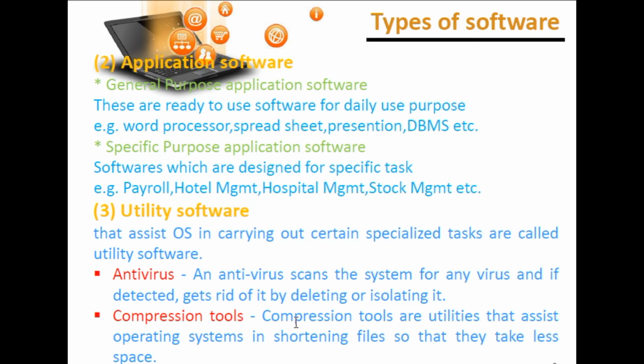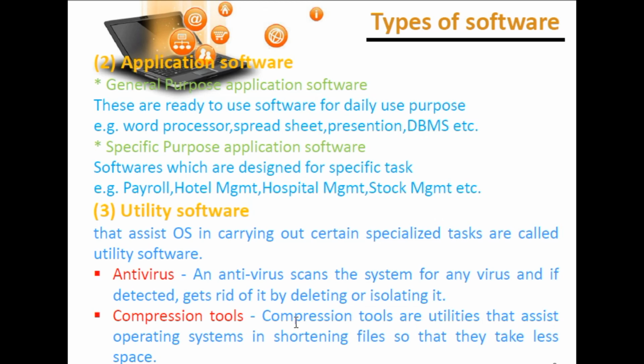Examples are word processor, that is Microsoft Word, spreadsheet, Microsoft Excel, presentation, Microsoft PowerPoint, and DBMS, maybe MySQL. Specific purpose application software is designed for a specific task or organization, for example payroll software, hotel management software, hospital management software, stock management software, etc.